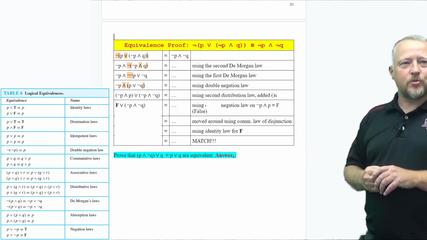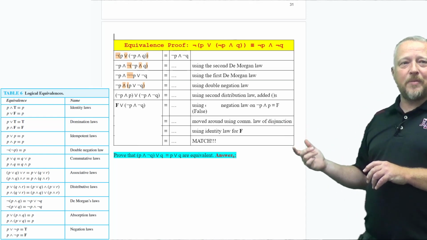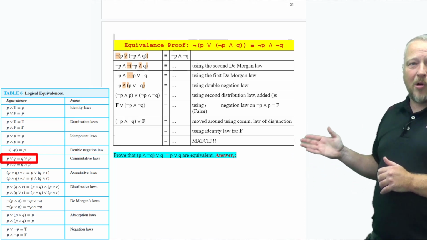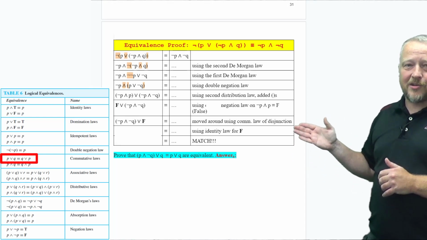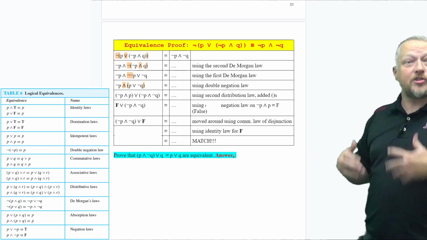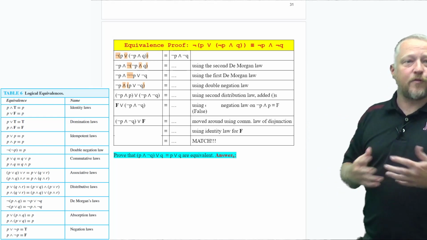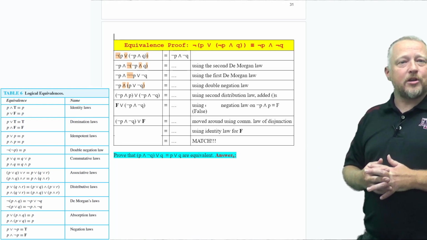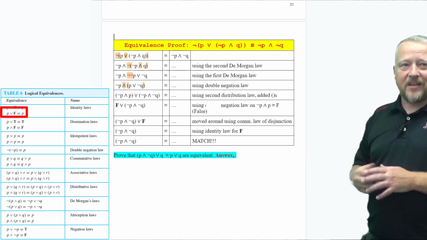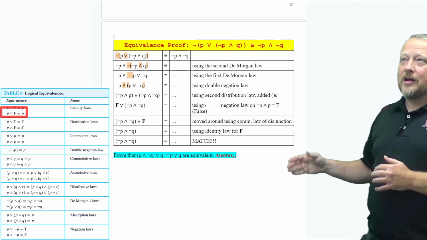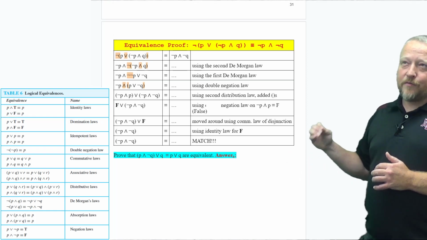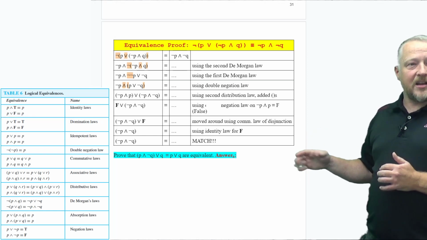So what's that going to use? We're going to use our commutative law, and flip it. And I really didn't have to do that part, just a heads up. I preferred it just because it matched the form of one of our laws. And then we're able to use the identity law to get rid of the F, because that is an or. And remember, with an or, we're always looking for trues, so the false really doesn't hurt anything, so get rid of it.